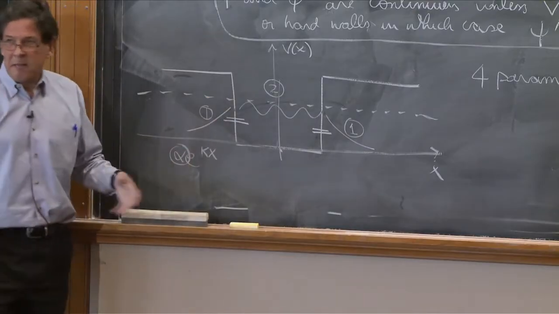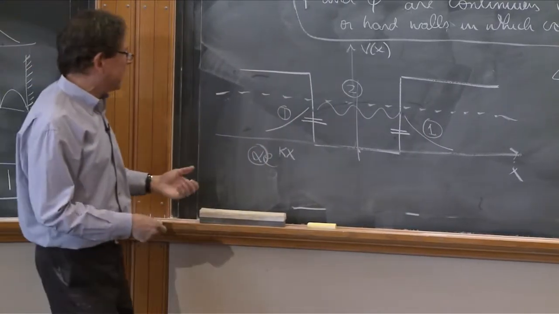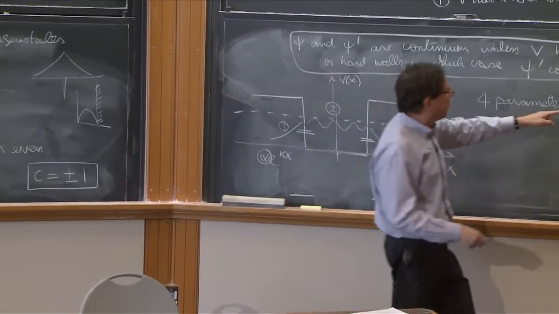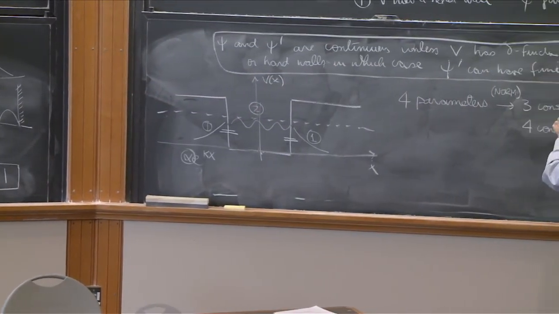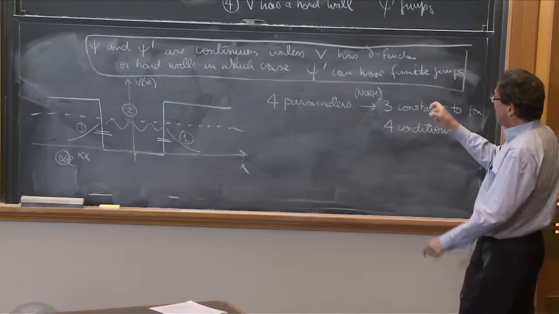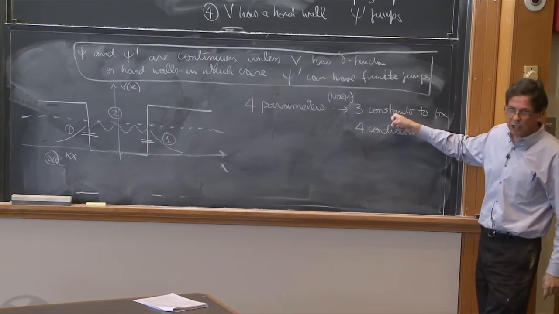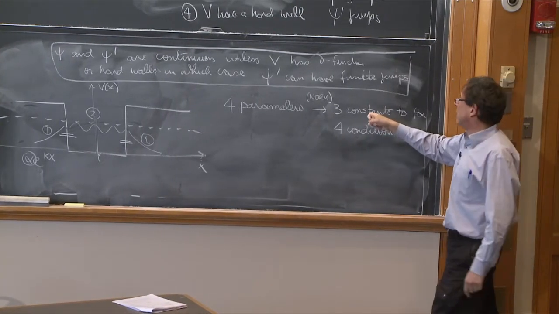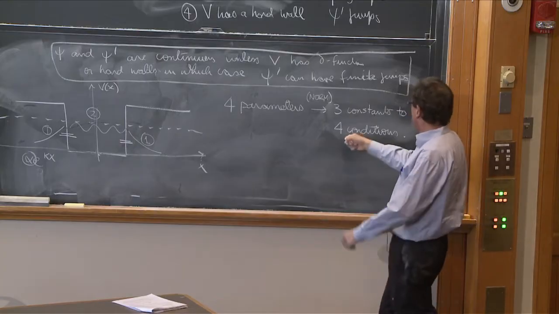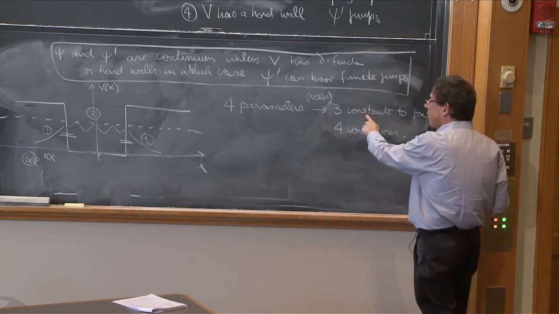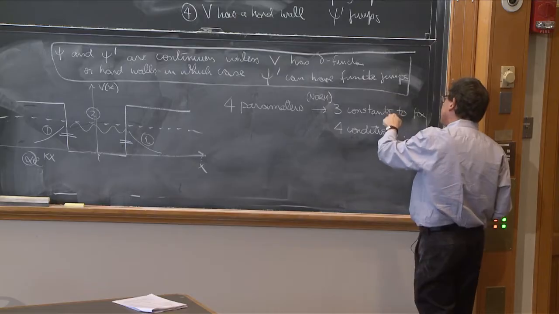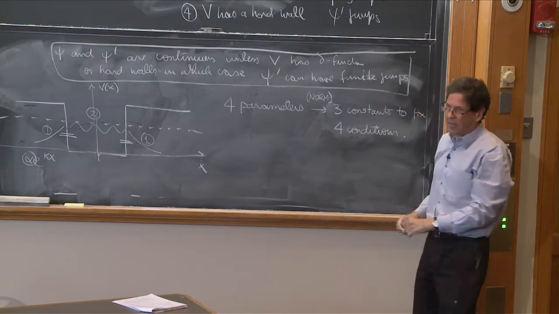So the way we have to think of this is that, in fact, 3 constants to fix, but 4 conditions, so we really need 4 constants to fix, and the 4th constant is the energy. So the energy is the 4th constant to fix, and with 4 conditions, these 3 constants that we had there and the energy, they can just be fixed.